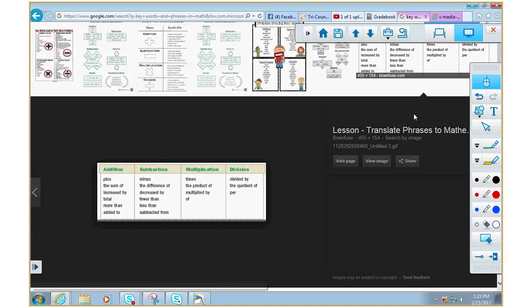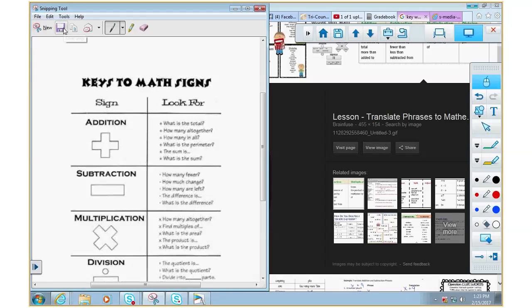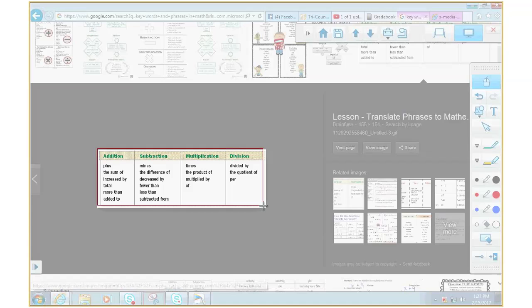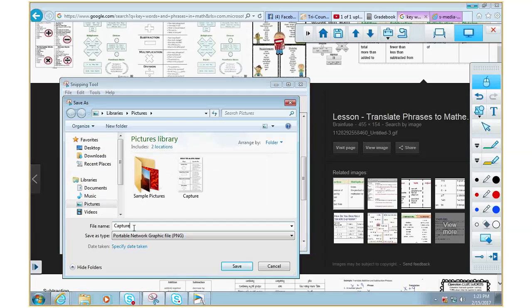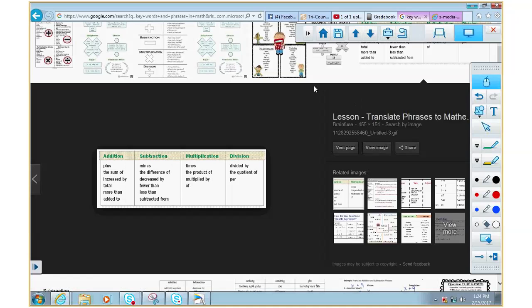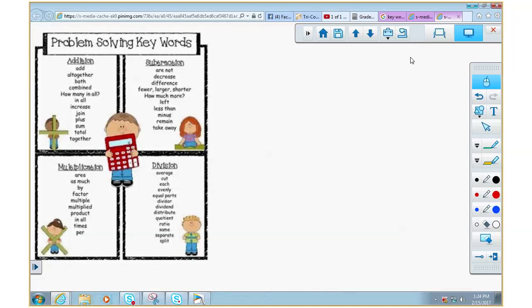Here's another one. Let's snip it out. I know some of them say the same thing, but some of them can have different words, and that's why I'm pulling several for you. I'm going to pull one more. Let's see what else is out there. Okay, here we go. View image and snip.